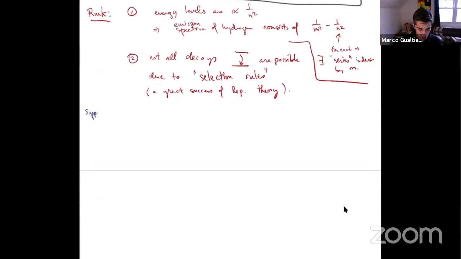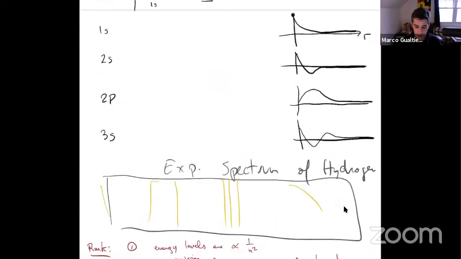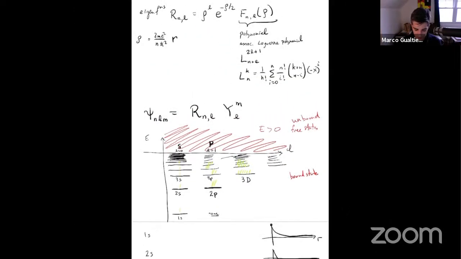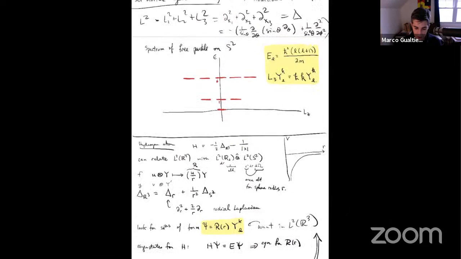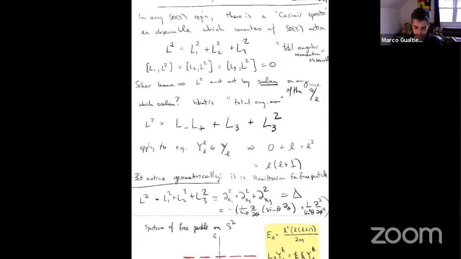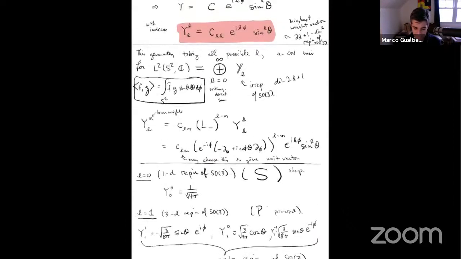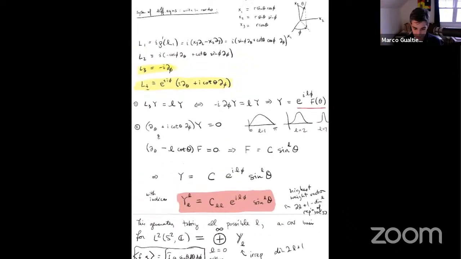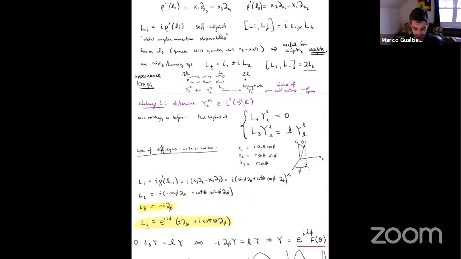Suppose the electron is in a state inside the L eigenspace.